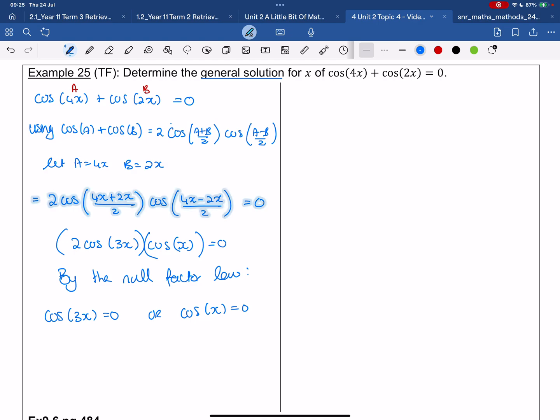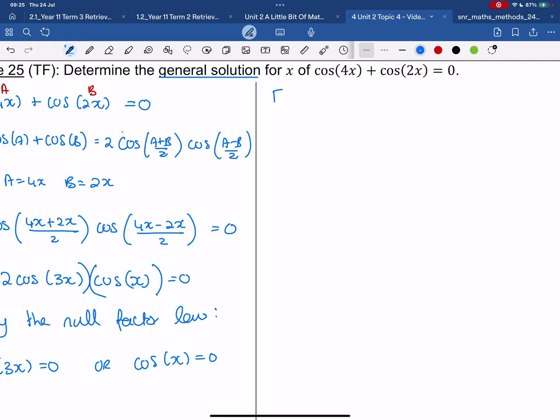Okay. Let's have a look at the first one. So cos of x equals 0. Well, cos of x is equal to 0 when it's a boundary value, so when x is equal to pi on 2 or 3 pi on 2.